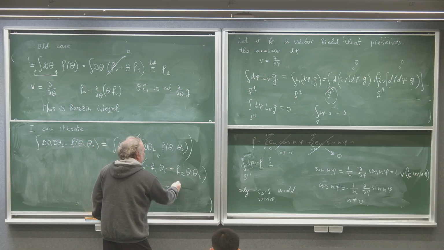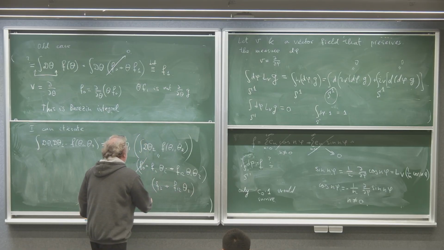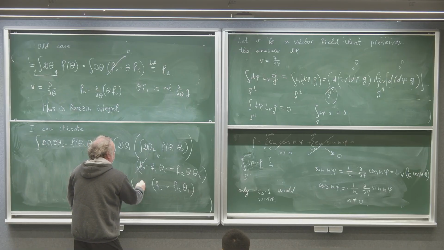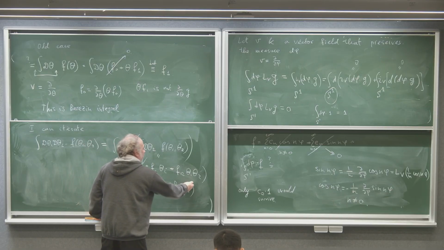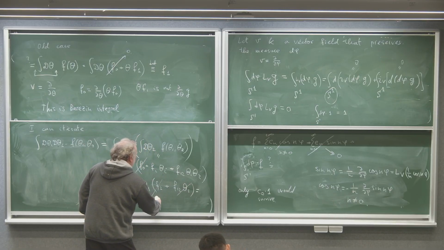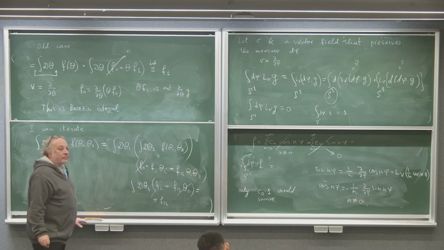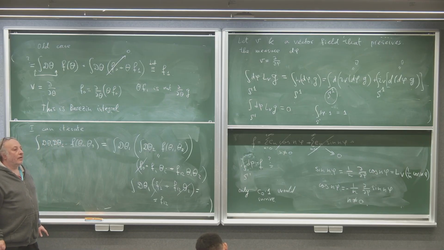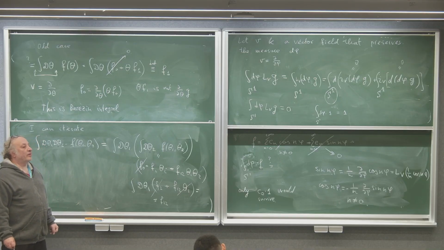And from this term, I will get f_{1,2} theta_1. Now I take the second integral. Now this term goes away. And the result is f_{1,2}. This is how we can take the Berezin integral.